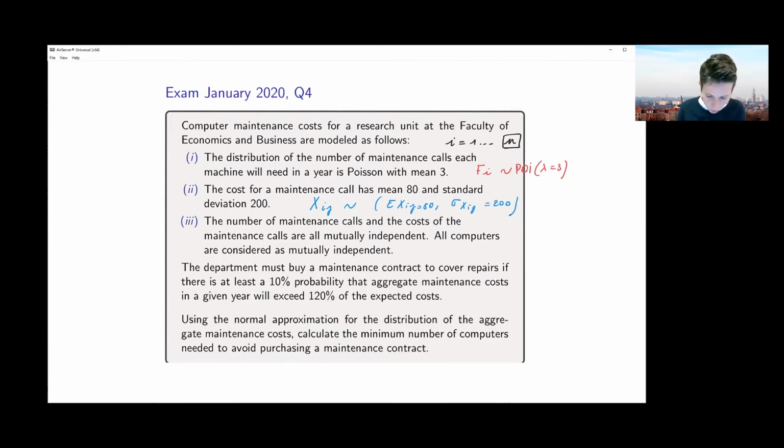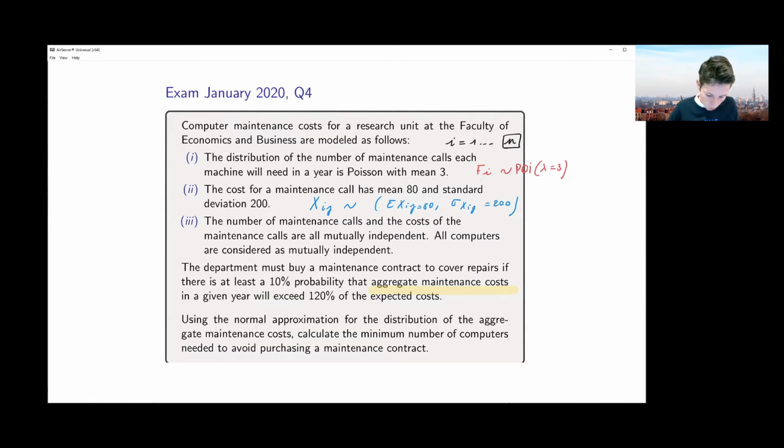Then we're going to think about what would be the aggregate maintenance cost across all these machines in the department, in a given year.